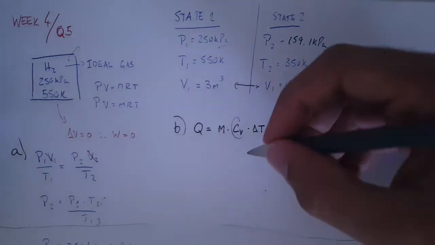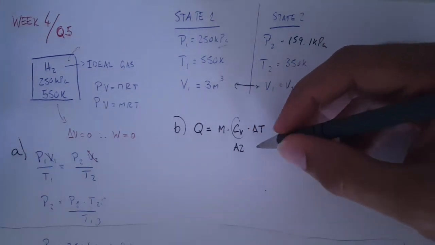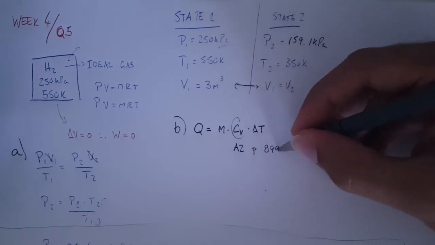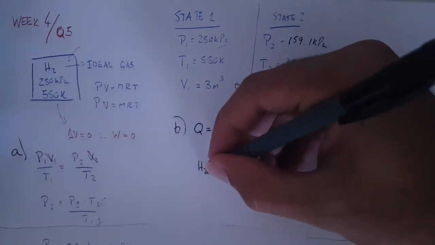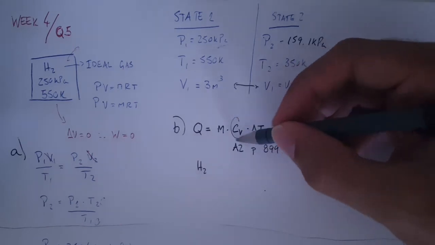Okay, and where can I find this? Well, if I go down to table A2 on page 899, I'll be able to grab the value for hydrogen, right? For a molecule of hydrogen. Now, there's something interesting here. Note that the C_V is going to change with temperature, right?